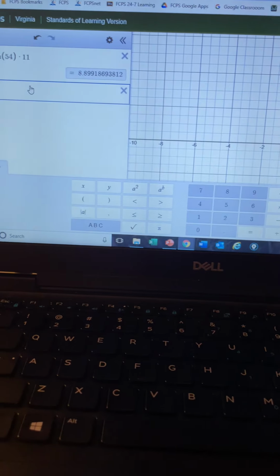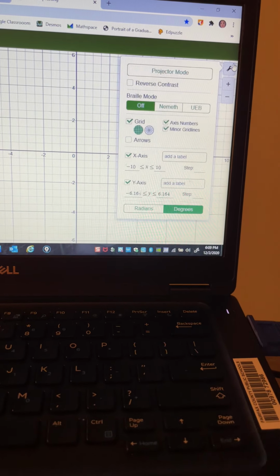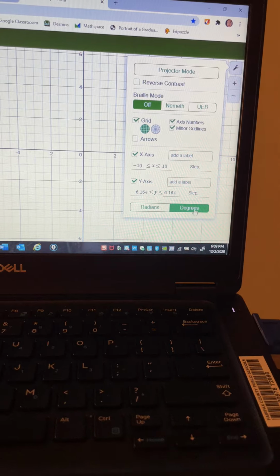So you go to the calculator. Make sure your calculator, whatever calculator you're using, is in degree mode.